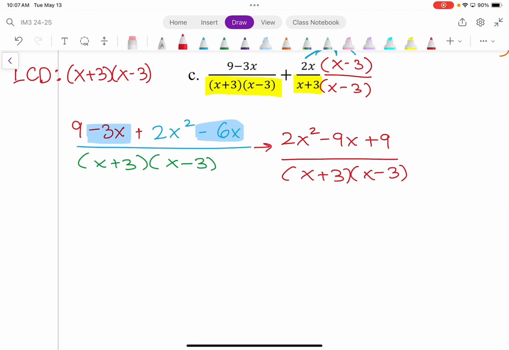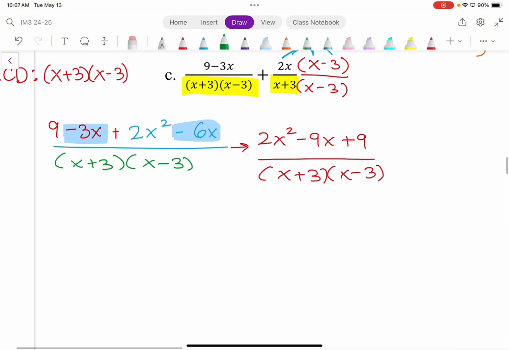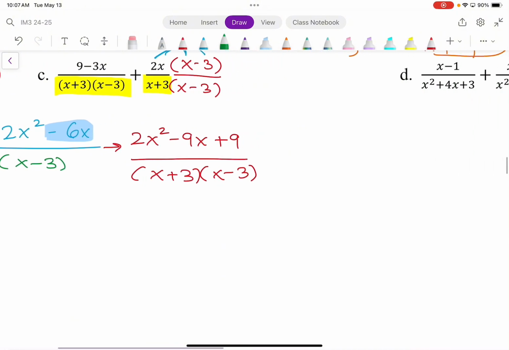With this trinomial 2x squared minus 9x plus 9, we do have to do the x box method, which I'll kind of do here on the side. Let's take a look. So that's 18 and negative 9, so negative 6 and negative 3.